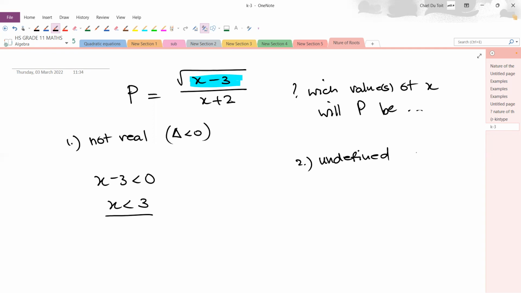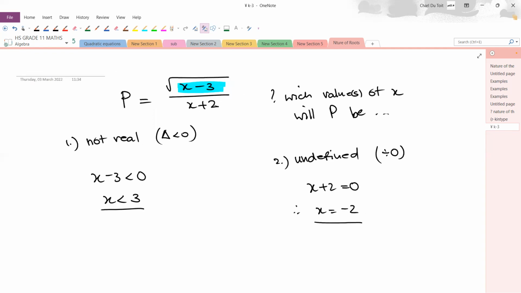And undefined means I'm dividing by 0, so that denominator must be 0. So x plus 2 must be 0. Therefore, x is negative 2. Just screenshot that. That is very popular.